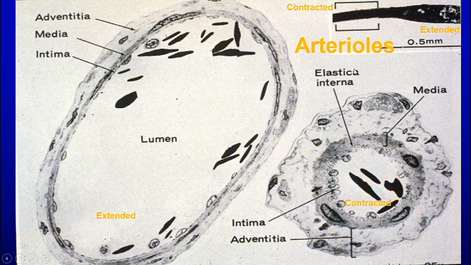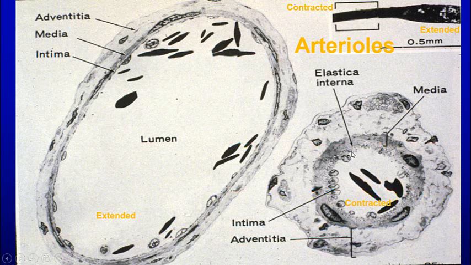Now, arterioles vary in their caliber based on whether or not the smooth muscle cells are contracted or not. And here we can see the same vessel. You can see it's the same vessel here, and a chemical was put here to cause constriction. And so constriction occurred here, made it look like this.